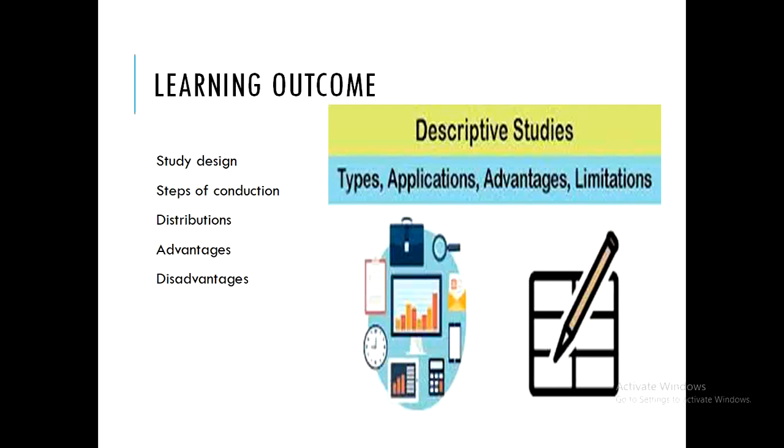We have already discussed the person distribution and place distribution of disease and advantages and disadvantages of conducting cross-sectional surveys and longitudinal surveys. The only thing left is the time distribution, which is an important component of the descriptive studies. So in today's lecture, we will be only focusing on the time distribution.